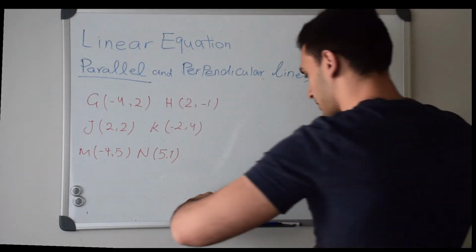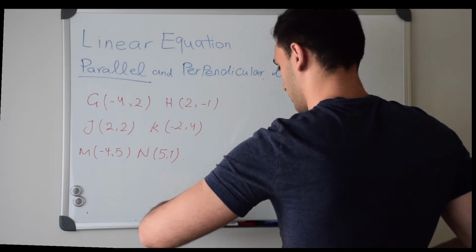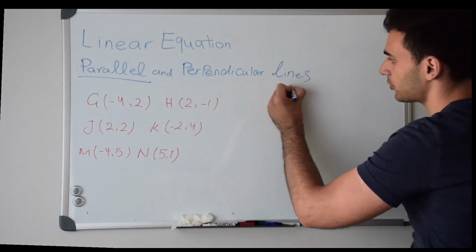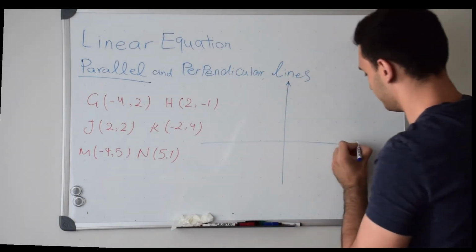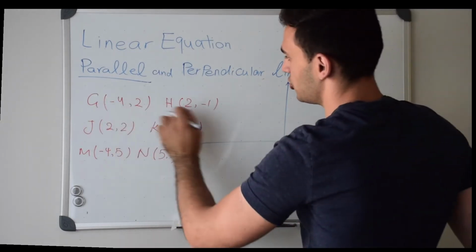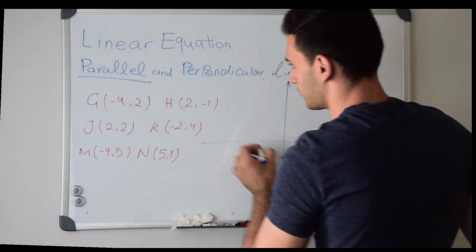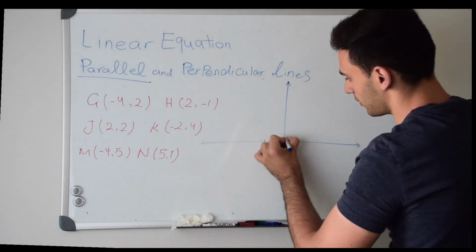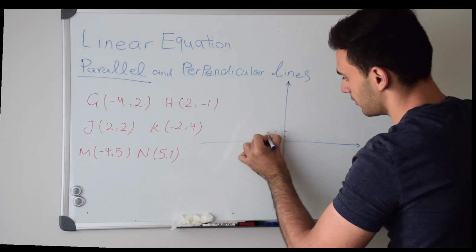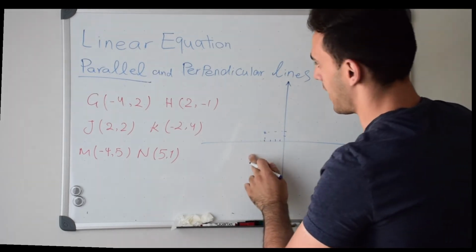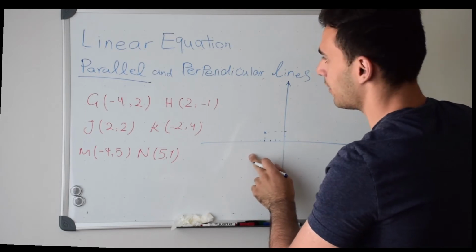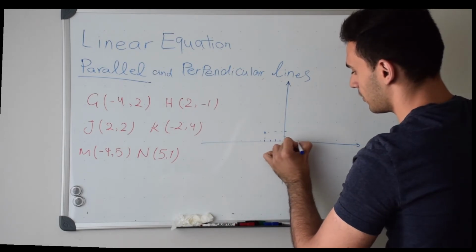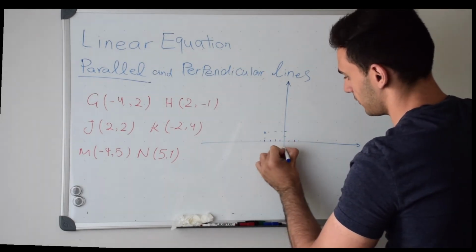So how can we understand that? We're going to draw the lines here and see what the relationship is. The first line, GH, goes through (-4, 2), so this point, and (2, -1) here.